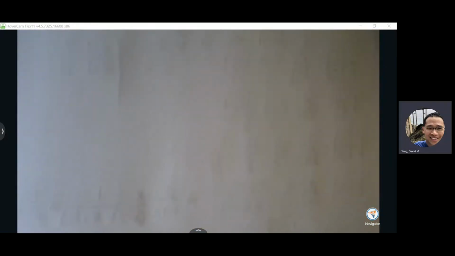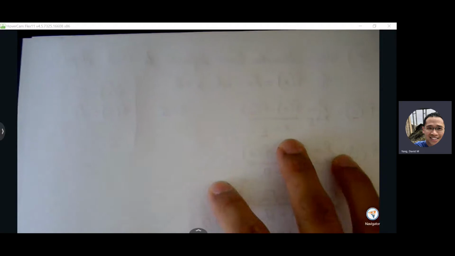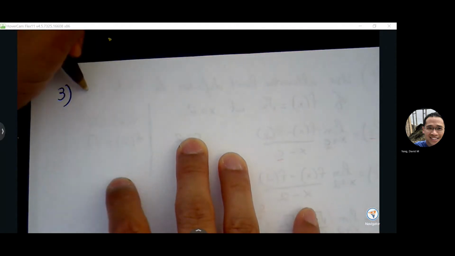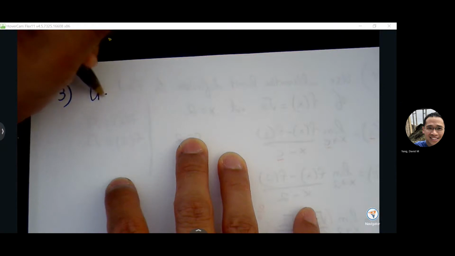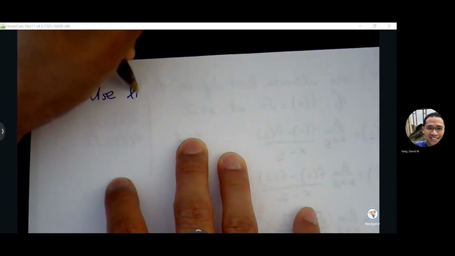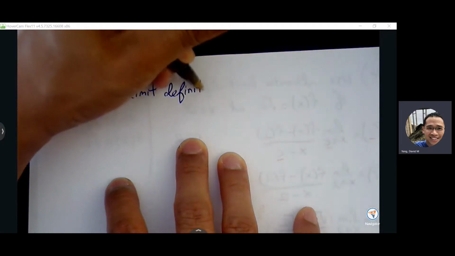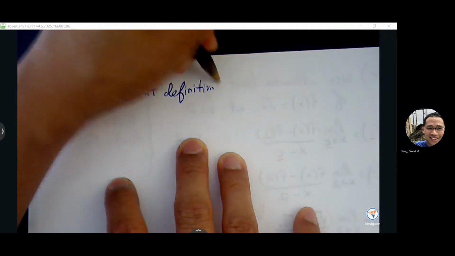So try number 3. Go through the steps. I'm going to have you try on your own, but I'll work through it at the same time. So let's go back to the original definition, the h approaching 0.